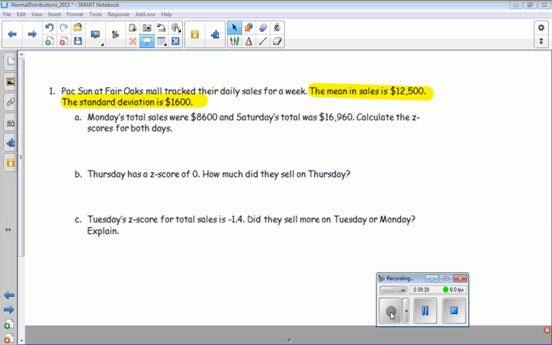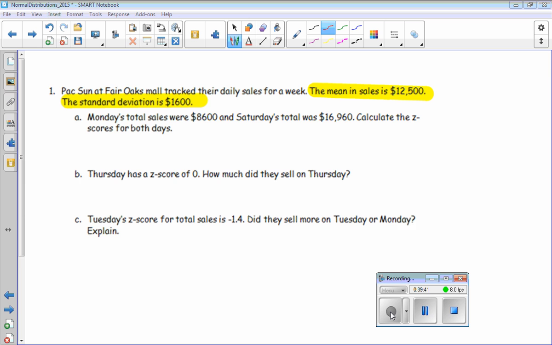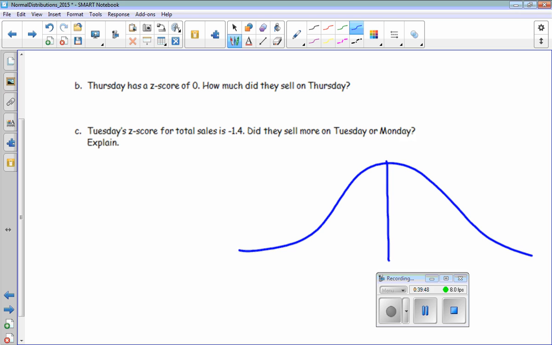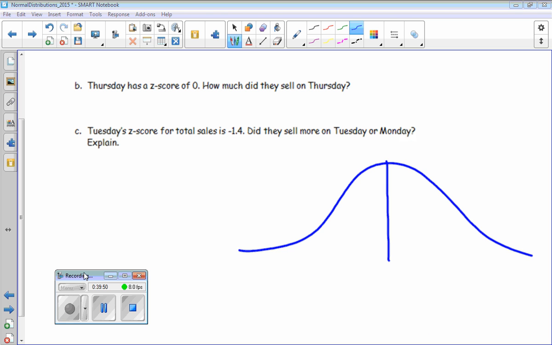So when we're drawing this, we're going to be looking for a curve that looks something along these lines. We're going to put the middle to be 12,500. I'm just going to write it sideways so I have enough room. I'm sorry, 12,500. I'm missing a 0. And then I'm going to go 1, 2, and 3 standard deviations above, and 1, 2, and 3 standard deviations below.